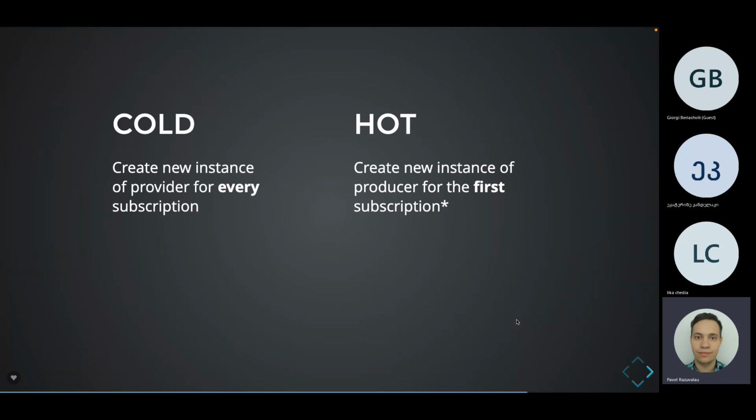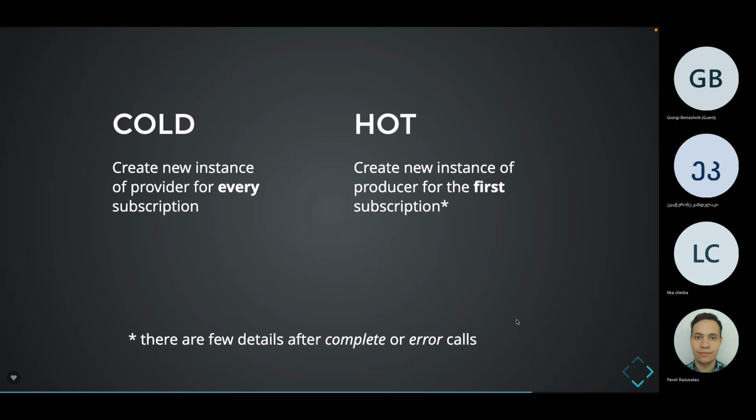Instead, it will have only one producer for all subscribers. So about the details: in case of an error or the observable completion, the hot observable will have to create a new producer, because the previous one has already completed.